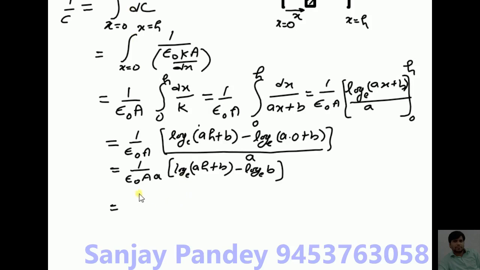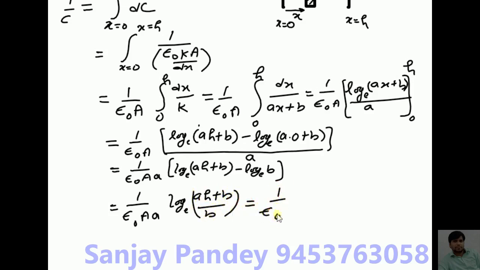Its value is equal to 1 upon epsilon naught A into a, log base e (ah plus b) upon b. 1 upon epsilon naught A, log base e (a upon b into h plus 1).